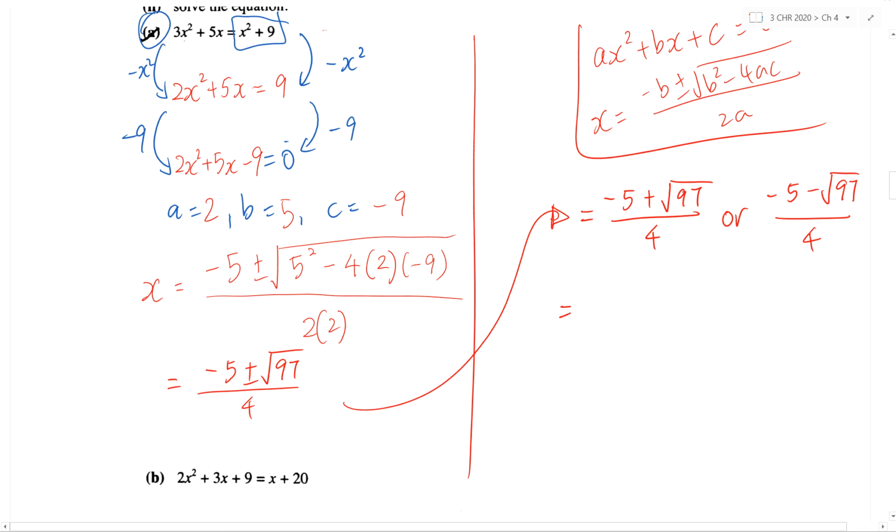Okay, I don't want to write minus 5 plus 9.848857802 blah blah blah over 4. Very troublesome. I'd rather write down the exact value, square root 97. If it's only the next step, then I will evaluate.